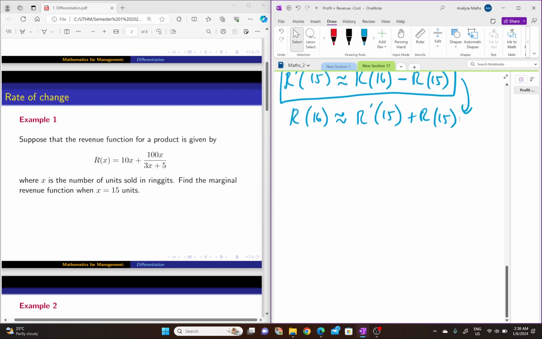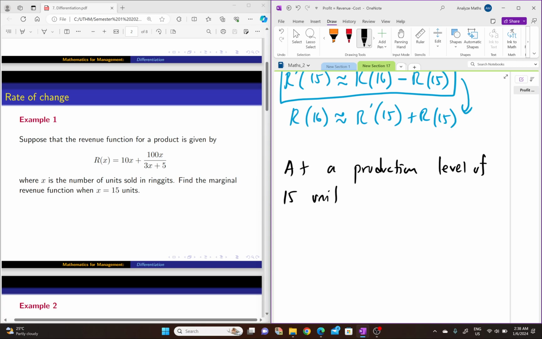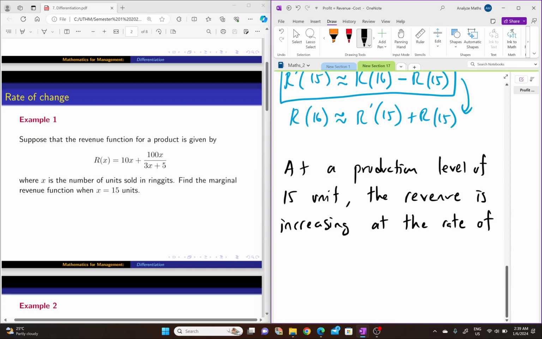If I want to write this in terms of word explanation, at a production level of 15 units, the revenue is increasing at a rate of per unit.